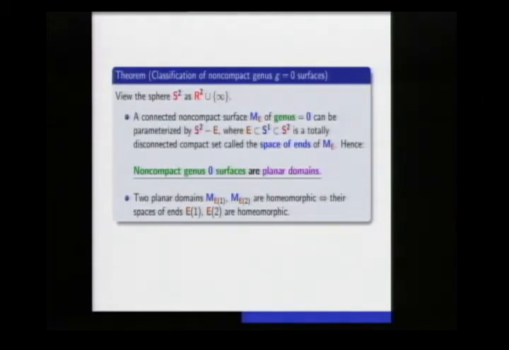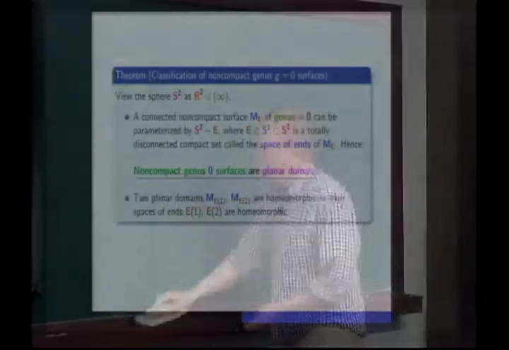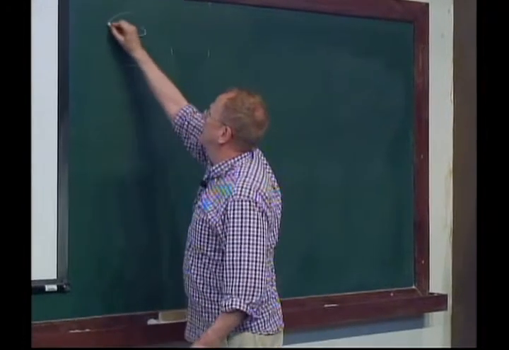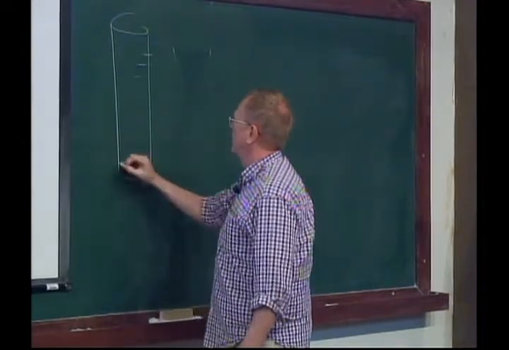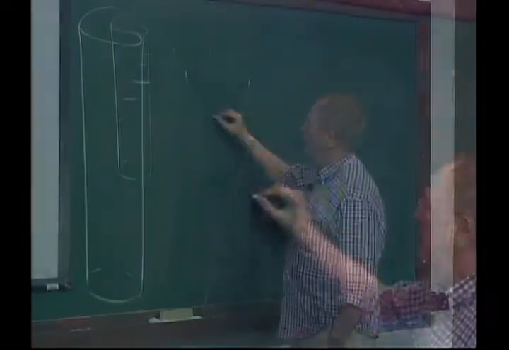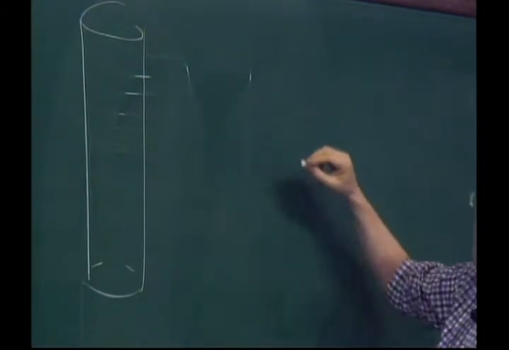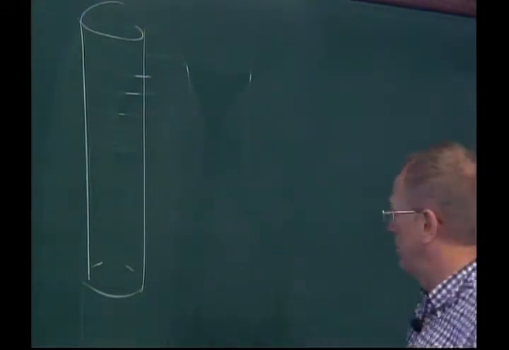Okay, so we're looking at non-compact surfaces. And I want to try to explain what it means to be an end. What is the space of ends of an open surface? Let's think of the cylinder as a good example. But in general, we have some maybe complicated surface, like those pictures we drew before.